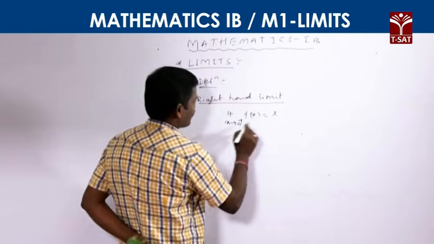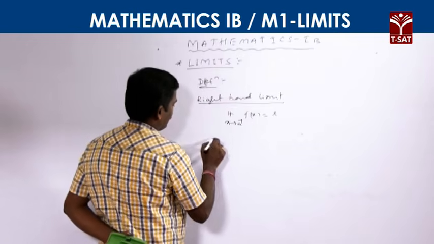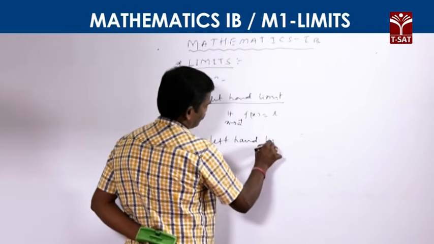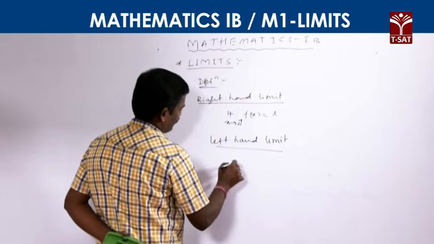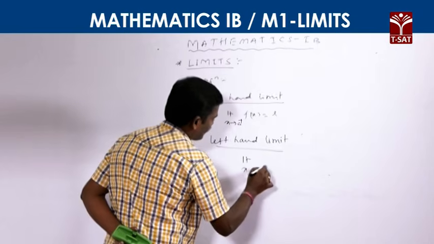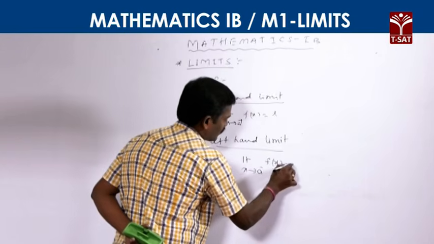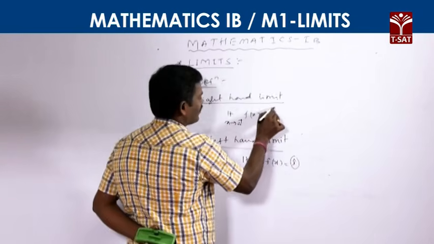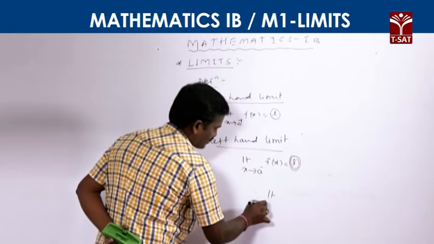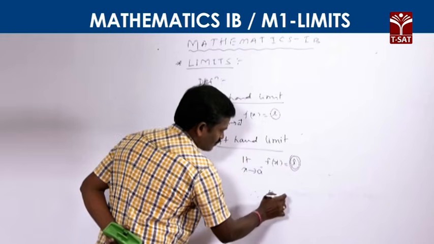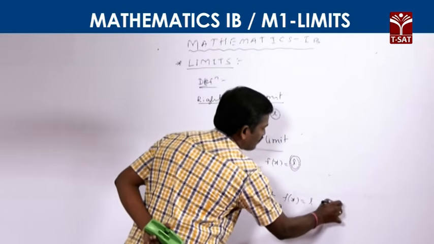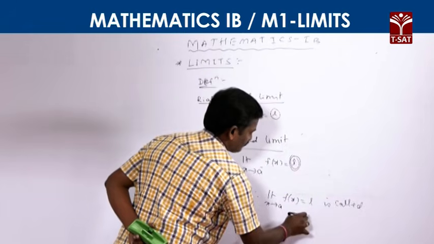So this is what is called the right hand limit, and the left hand limit is limit extends to a minus, where that same function is also approaching the same value L. So in this case also L, in this case also L, therefore we can write limit extends to a, total value. So at that, the function f(x) equals L is called the limit of a function.